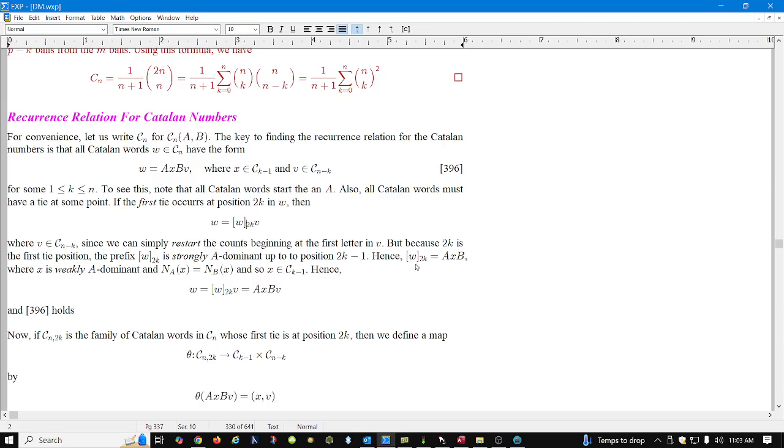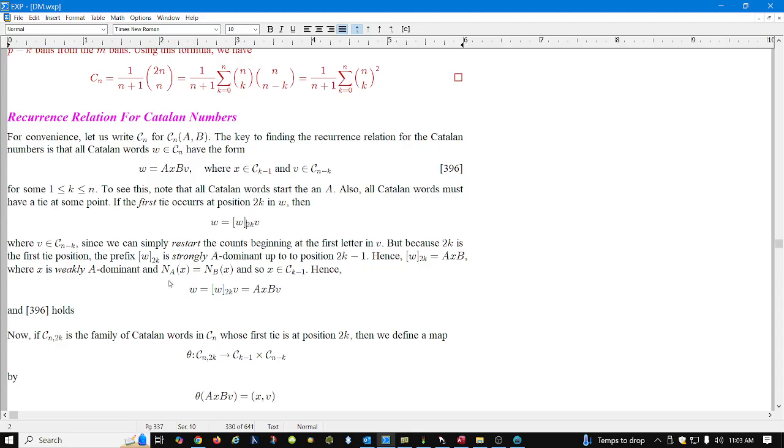So the prefix W sub 2k looks like AXB. B is where we hit the tie, the first tie. It has to be with a B. And X is weakly A dominant.